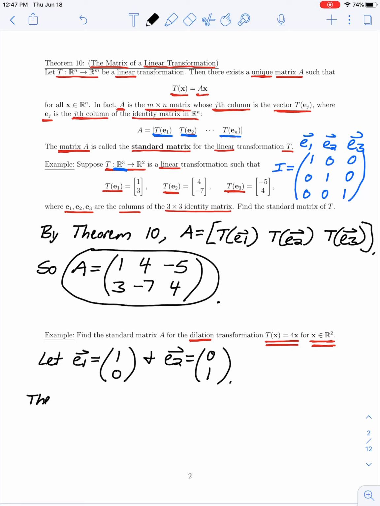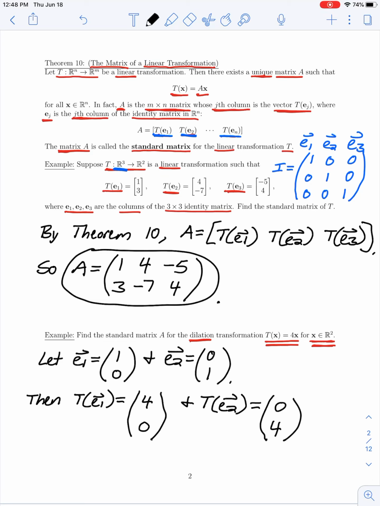So let's look at the images of these. T of E1, well, our transformation is a dilation where T of x is just 4 times x. So to get T of E1, we multiply the vector E1 by 4, giving us 4, 0. And the image of E2 under this transformation T would be 4 times 0, 1, or 0, 4.